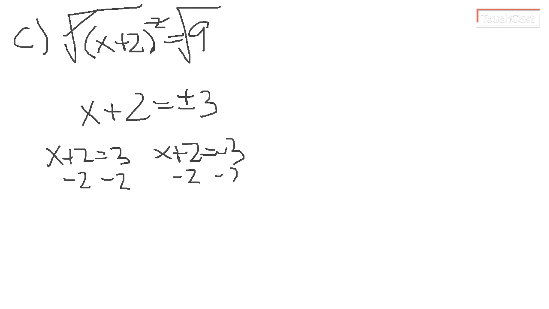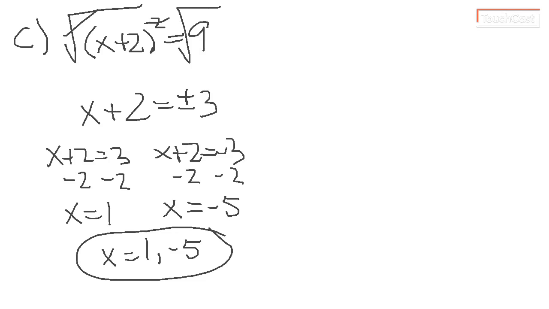In the first case, 3 minus 2 gives x equals 1. In the second case, negative 3 minus 2 gives x equals negative 5, which means our answers are x equals 1, comma, negative 5. We could also go negative 5, comma, 1. Same thing. All that means is we had two answers.